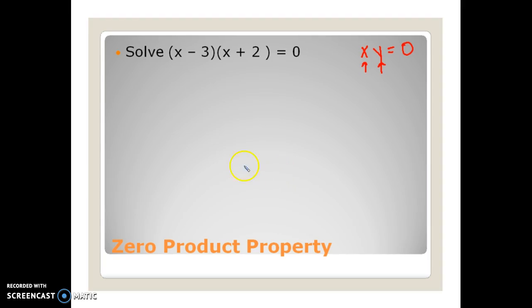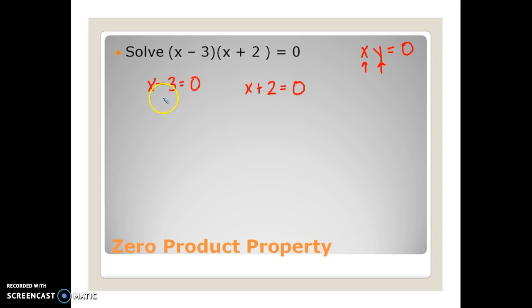So the way that we solve is, if these 2 terms have to multiply to get 0, we're going to set both of them equal to 0. So I have one option if x minus 3 equals 0, and then I could also have x plus 2 equals 0. Both values of x, if I plug them in, will give me a product of 0.